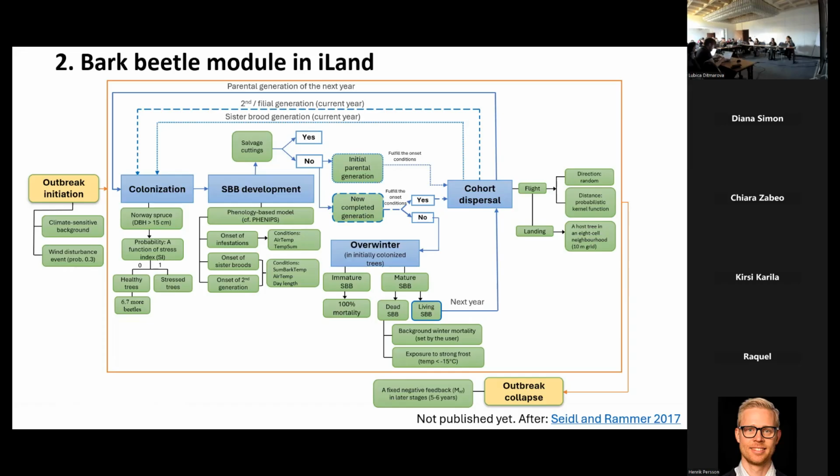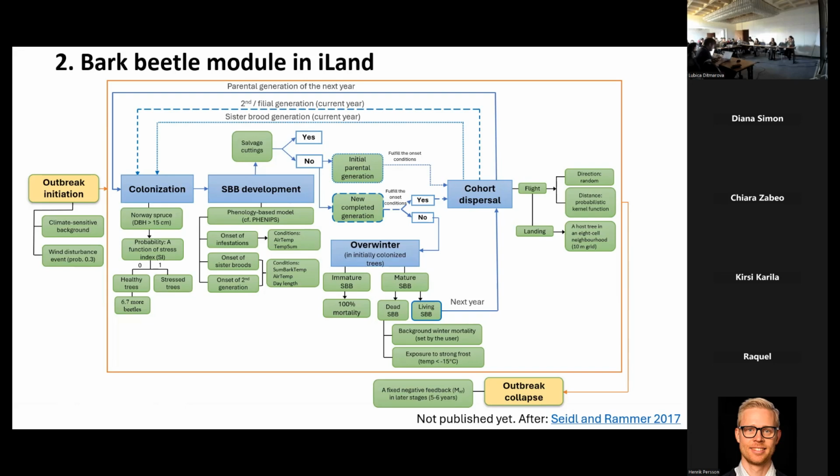Question: you showed that, for example, tree mortality is on the tree level. Is it possible to upscale it to the landscape? Well, this depends on your output. If you take the output at landscape level, you will also get the reasons and the years why the trees have died.